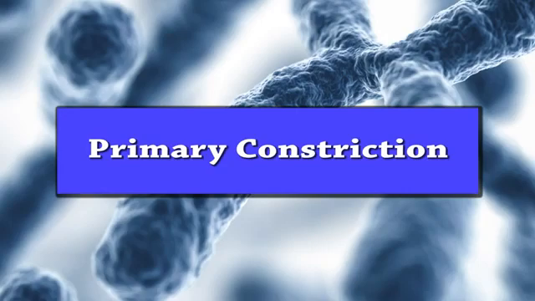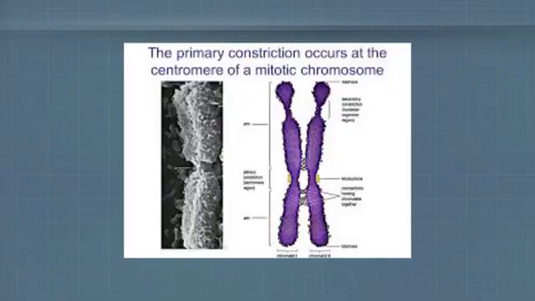1. Primary constriction. A lightly stained region appears as a constriction of the chromosome and is usually called the centromere or primary constriction. The centromere is the region where chromosomes get attached to spindle fibers.